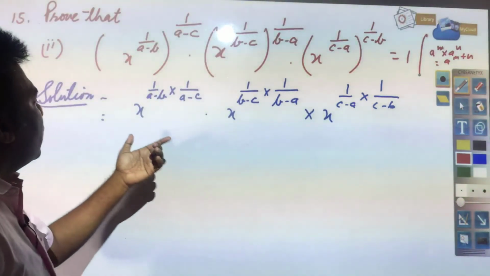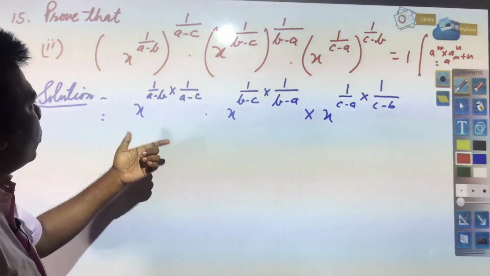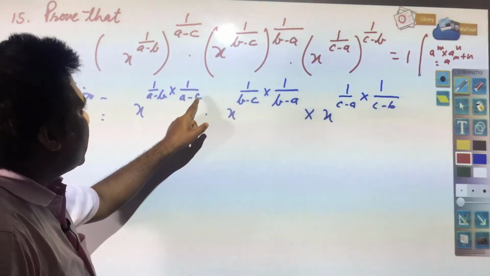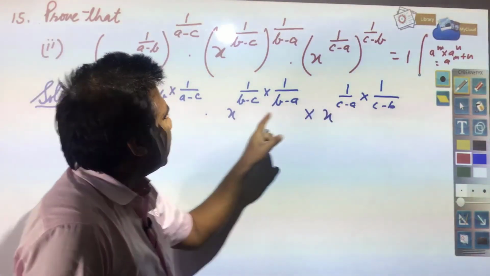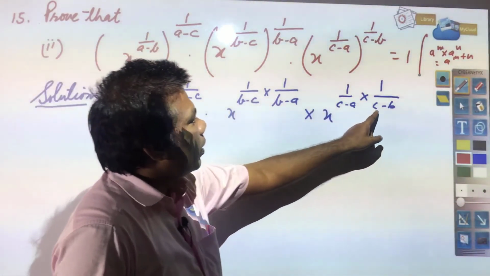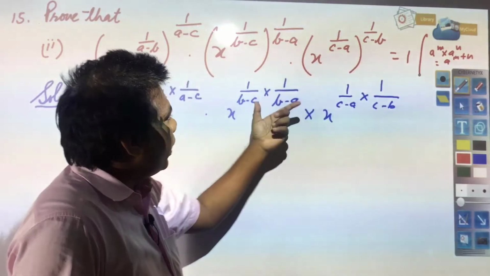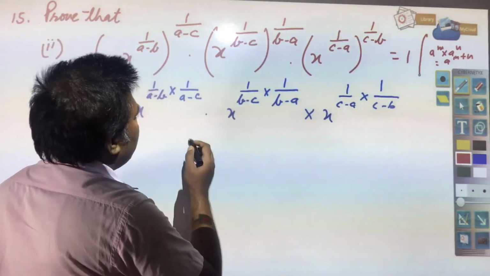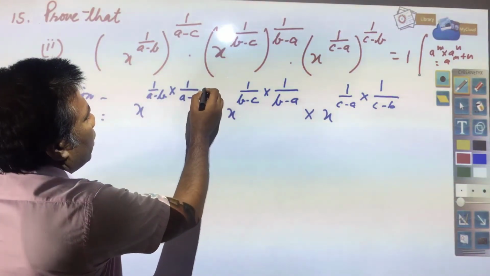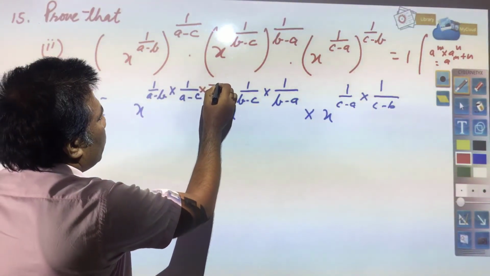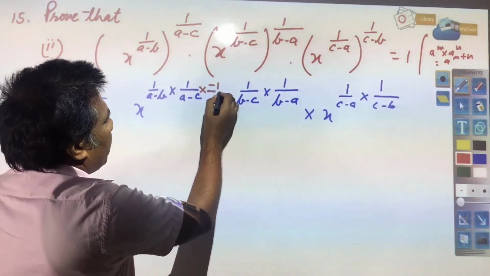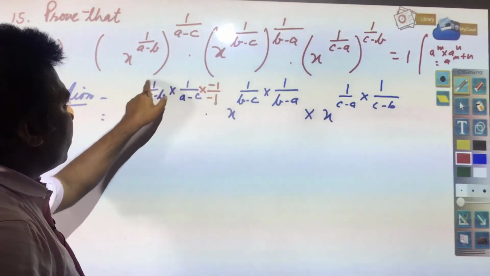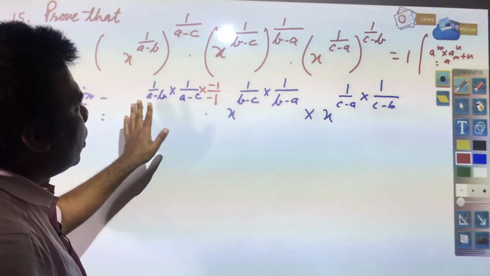So, here you see, before that what we need to do, since you have a minus b, here you have b minus a, minus c you have, here you have c minus a, b minus c you have, here you have c minus b. So, making this equal, what we need to do, we need to multiply this with minus 1. Here you see minus 1, we need to multiply minus 1 by minus 1, or you can extract minus 1 from this, whatever you feel good that you do.